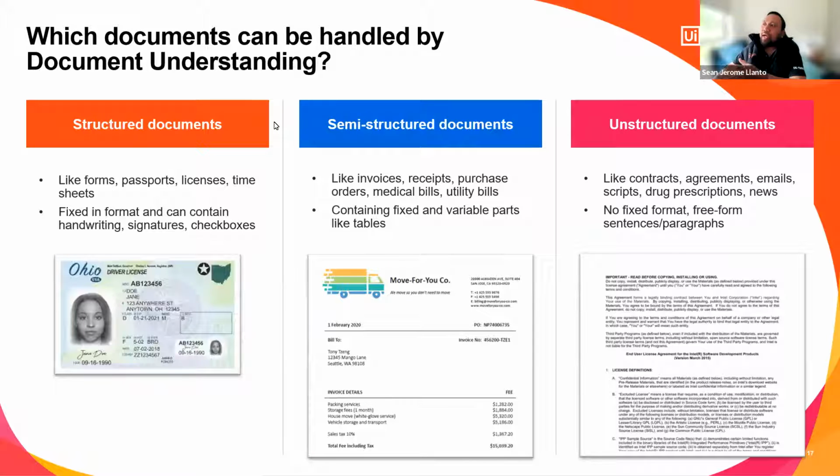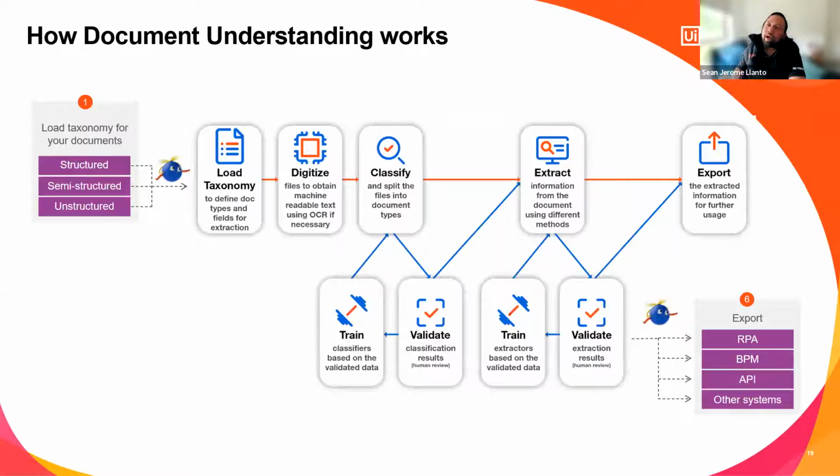So now I've talked about the overview of document understanding, what it does, and what documents would typically be part of a document understanding project. I'd like to show you what the product looks like, or what steps happen within the product's ecosystem. Again, this is just an overview.